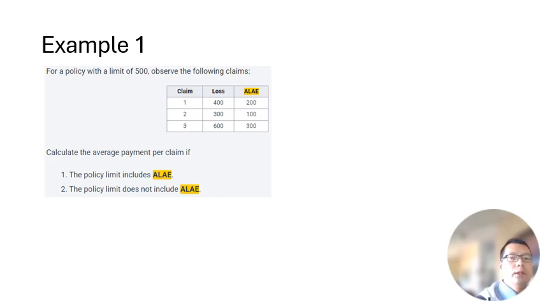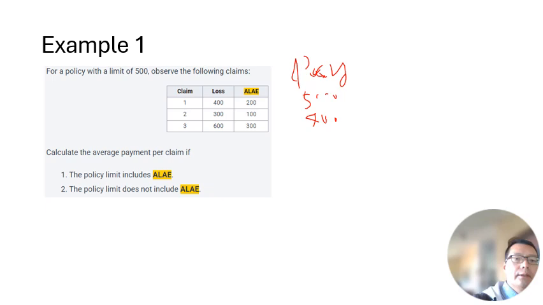So for the policy with a limit of 500, let's look at this. First claim loss 400 plus ALAE 200, because the question asks to include ALAE, so this is 600. The limit is 500, so 600 is more than the limit, and the payment will be 500 in the first case. The second one, 300 plus 100, limit is 500, so 400 is less than 500, so it will be 400.